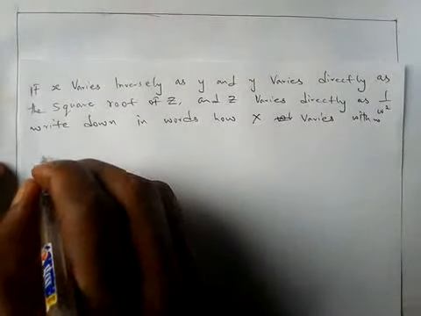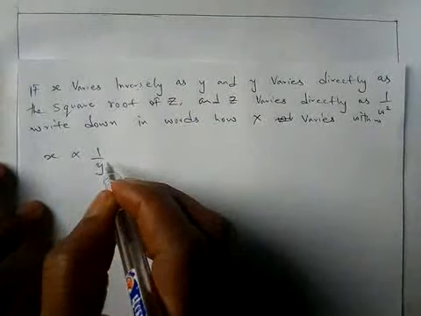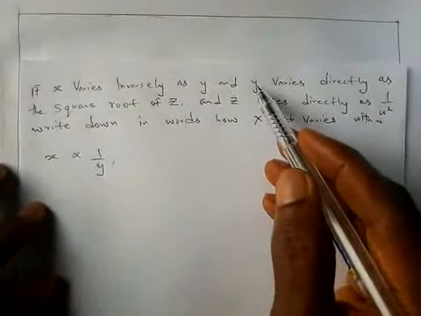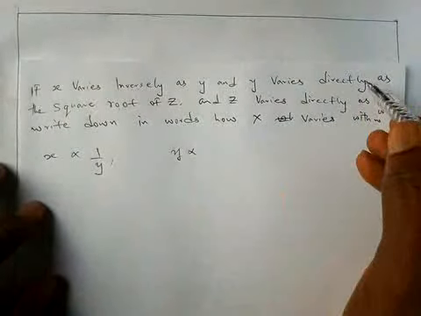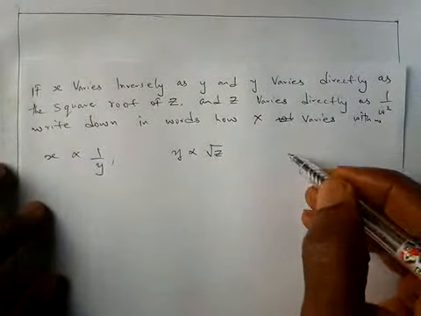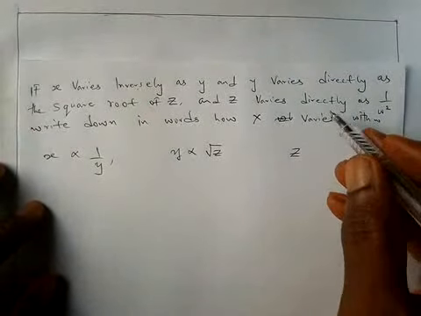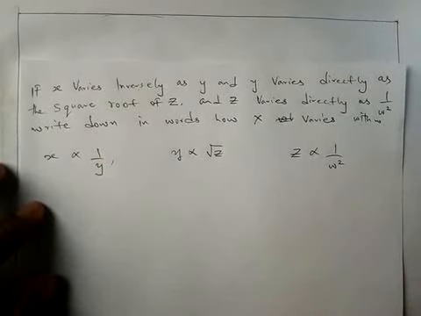Okay, so s varies inversely as y. Y varies directly as the square root of z. And z now varies directly as this.